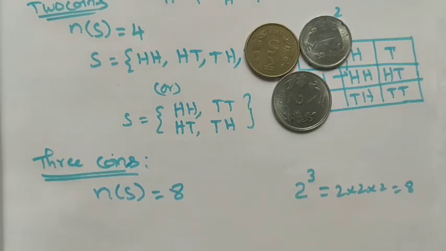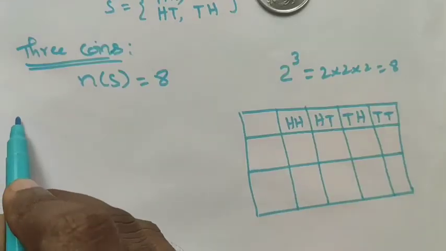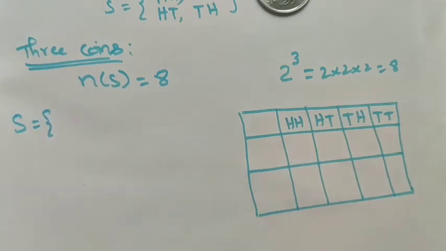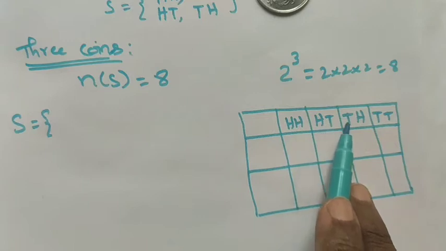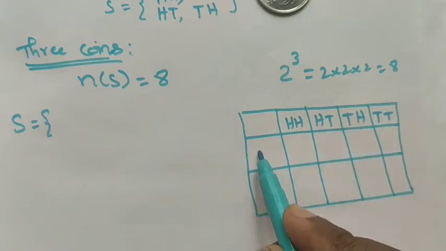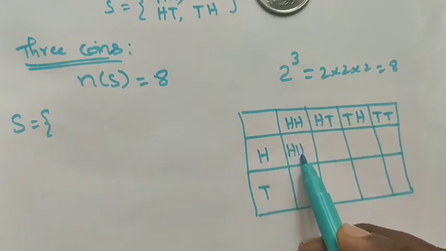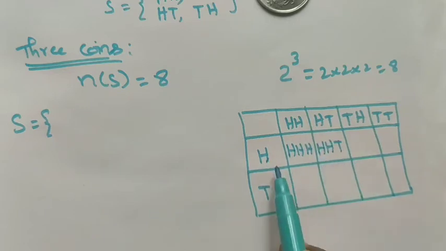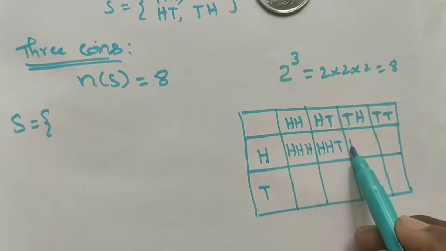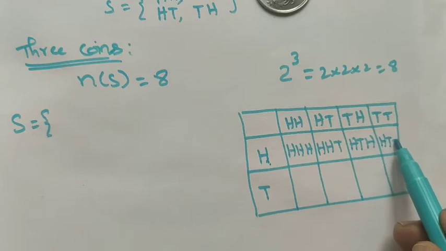Let's see how to write the sample space for 3 coins. Already we have found the sample space for 2 coins, that is head head, head tail, tail head and tail tail, and then the third coin is head and tail. Now we have to multiply these terms. Head head with head gives head head head, head tail with head gives head tail head, and so on.